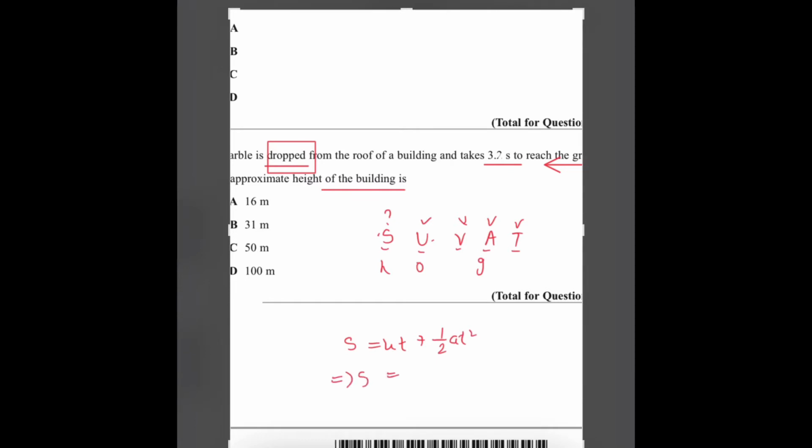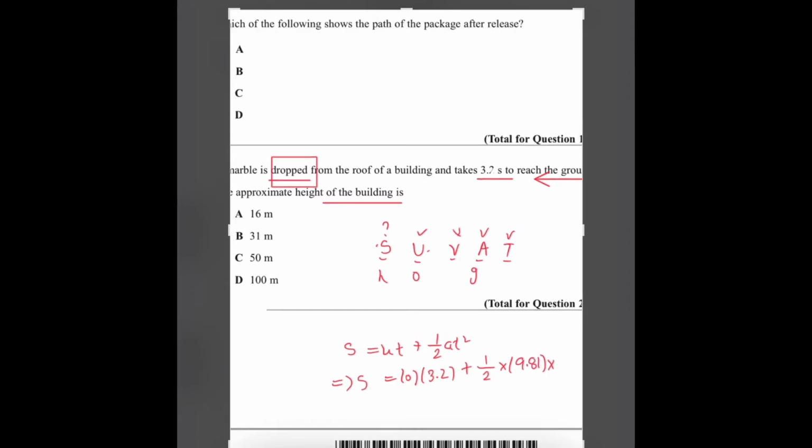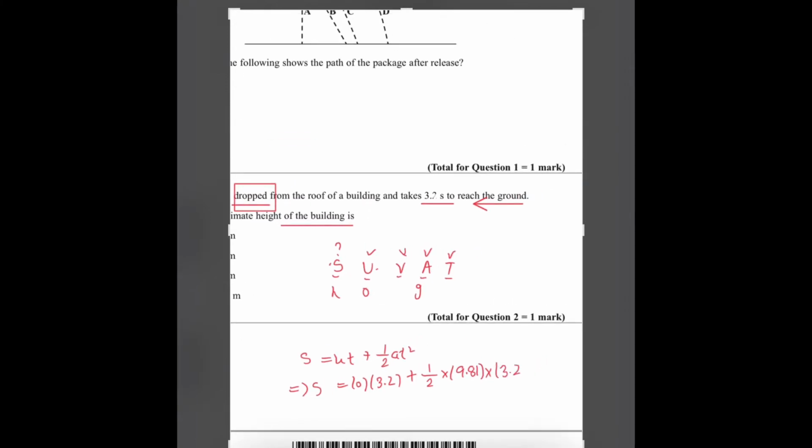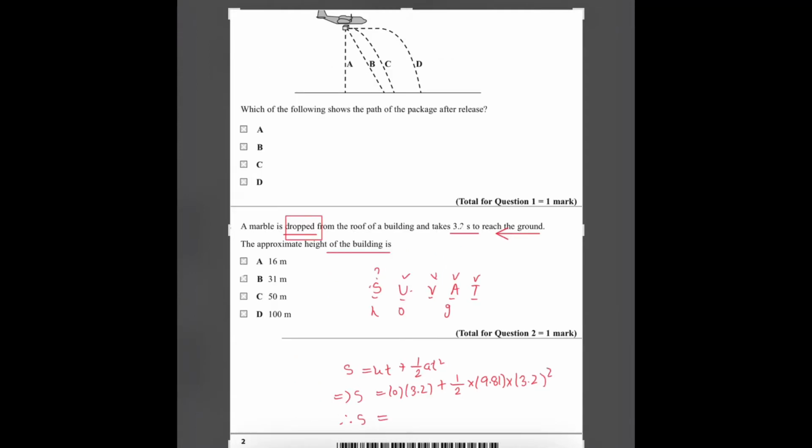So we can simply write 0 times 3.2, plus half times the acceleration due to gravity, 9.81, times 3.2 squared. The answer which comes is 50.22 meters, which rounds off to 50. So the answer is C.